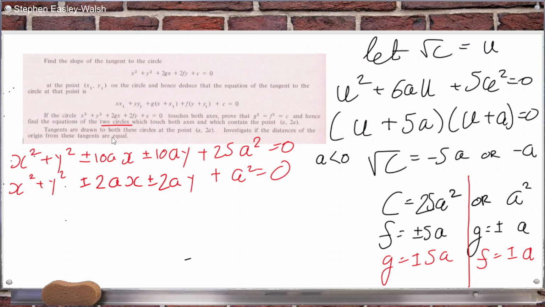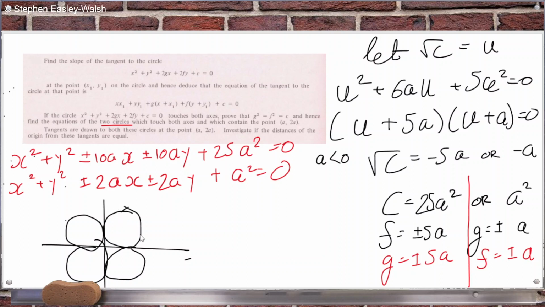Okay, tangents are drawn to both these circles at the point A, 2A. Investigate if the distances of the origin from these tangents are equal. Okay. Got 4 circles and we have the point A, 2A, whatever that is.